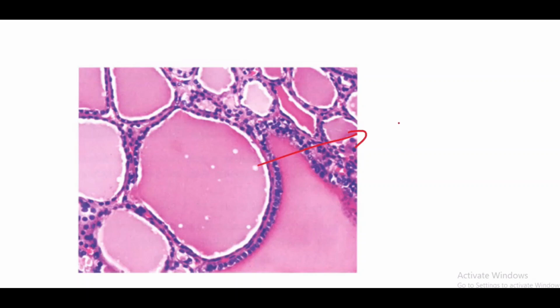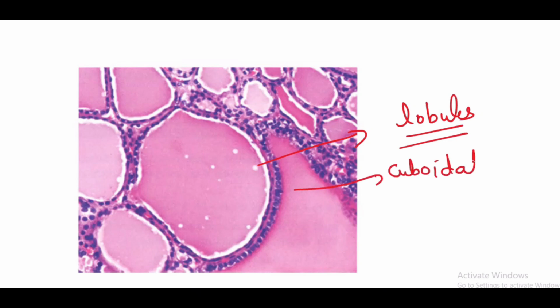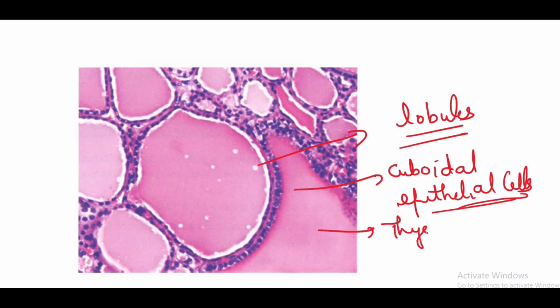Coming to the histology of the thyroid gland, on microscope you would see lobules that are lined by cuboidal epithelial cells.